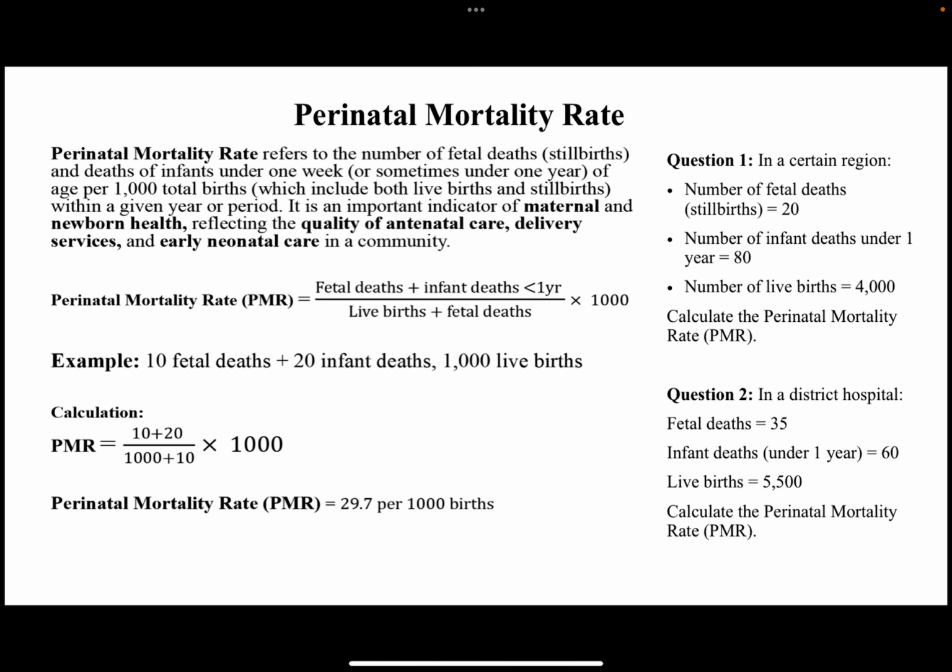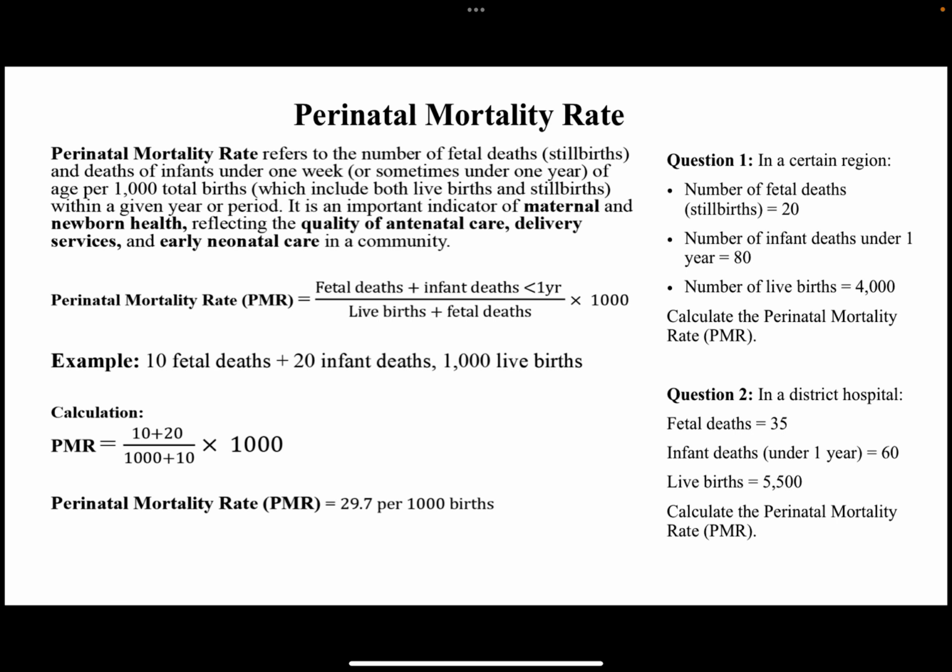And this indicator basically reflects the quality of maternal care. So it's very important in epidemiology. It reflects the quality of maternal care, the quality of the obstetric services that we render, and then the neonatal care in our health system. Now, if you perform this calculation and you get high perinatal mortality, it often indicates poor access to skilled birth attendants.